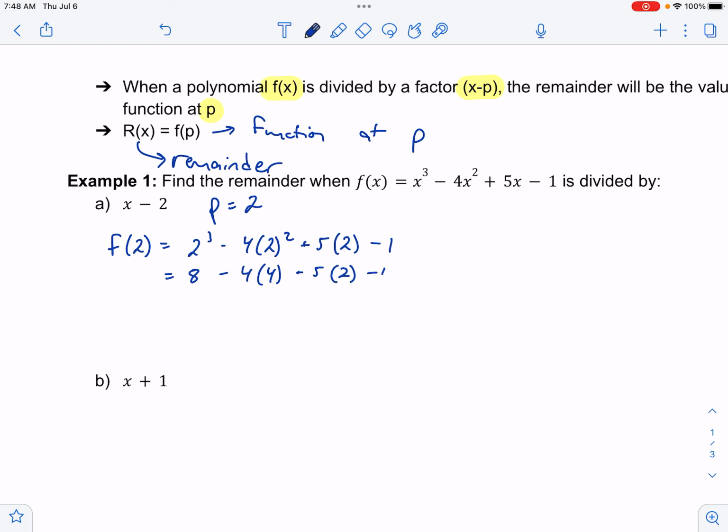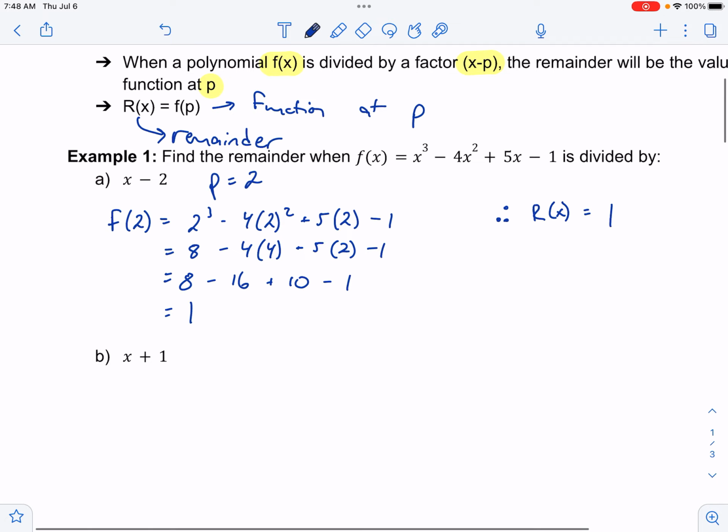We'll leave the 5 times 2 minus 1. Do those multiplications now. I'll have an 8 minus 16 plus 10 minus 1. 8 minus 16 will be negative 8, plus 10 is positive 2, minus 1 is just equal to 1. Therefore, the remainder of my function is going to be 1. That's what's going to be left over when I divide my function by this divisor. Pretty straightforward. Let's do the next one.